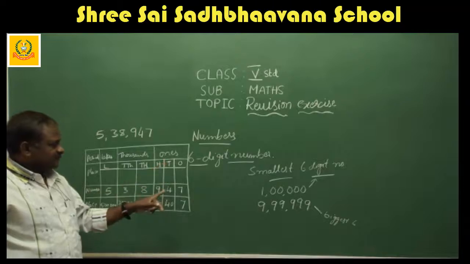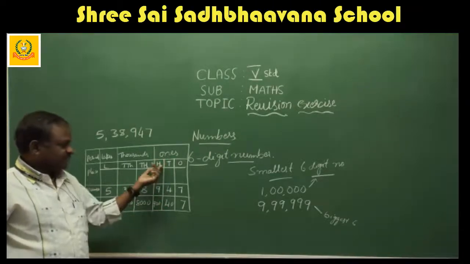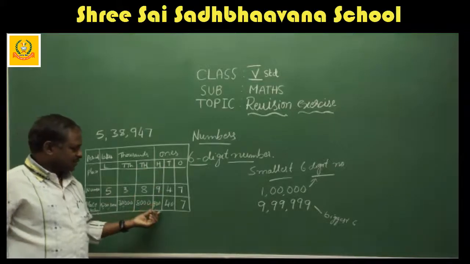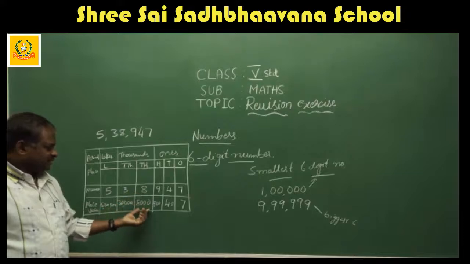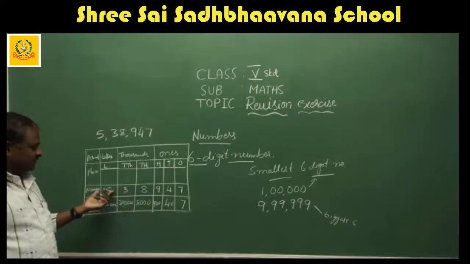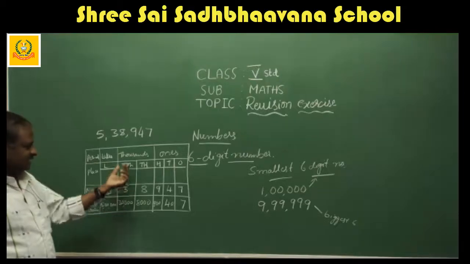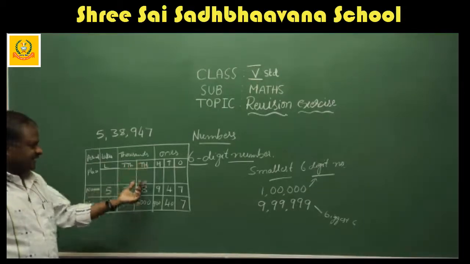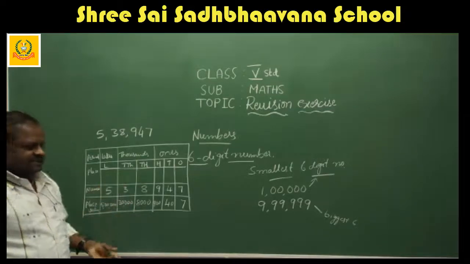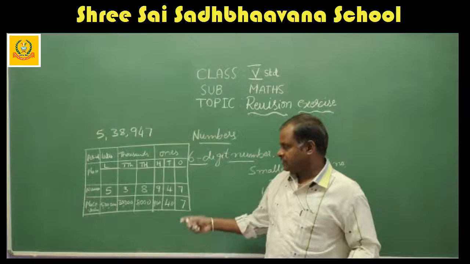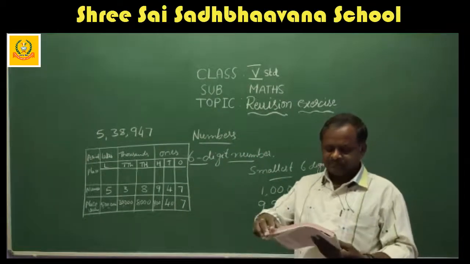When you write 4 in the tens place, the place value is 40. When you write 9 in the hundreds place, the place value is 900. 8 in thousands place is 8,000. 3 is in the 10,000 place, so 30,000. 5 is in lakh place, so it is 5 lakh. I hope you understand this place value chart. When we go through the problems, you will understand very well.